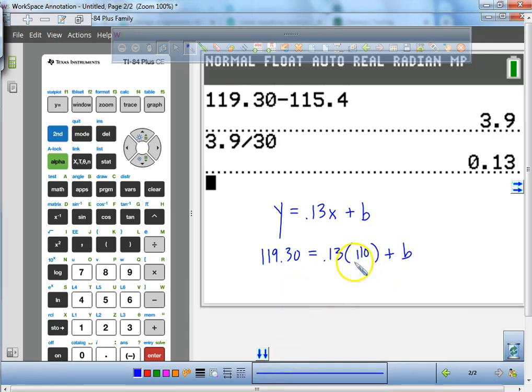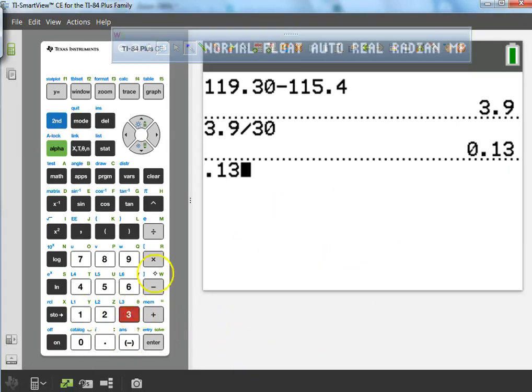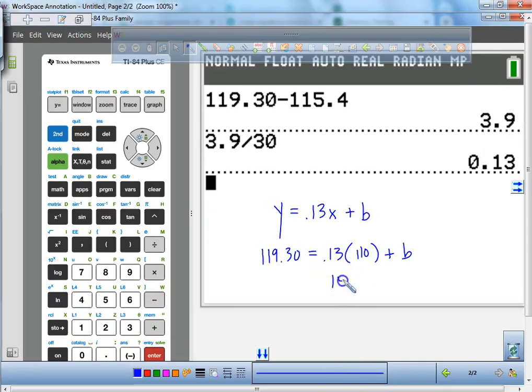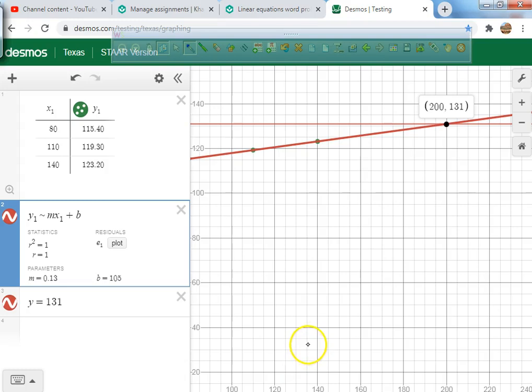And when you multiply 0.13 times 110, you get 14.3. Oh, 105, not, yeah, 105, there's the y-intercept, okay.